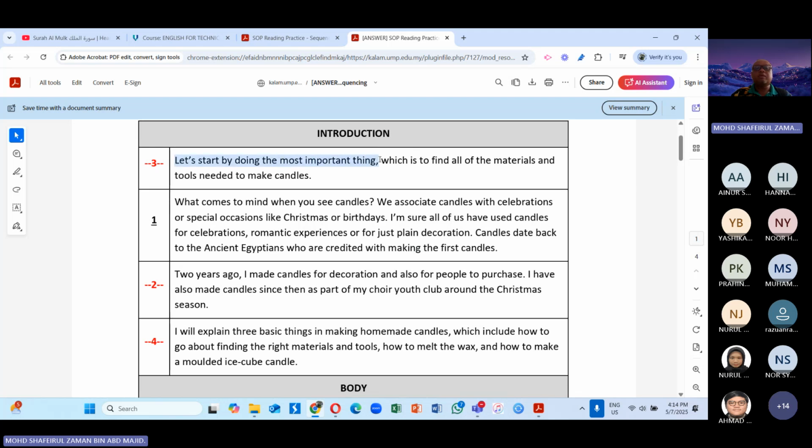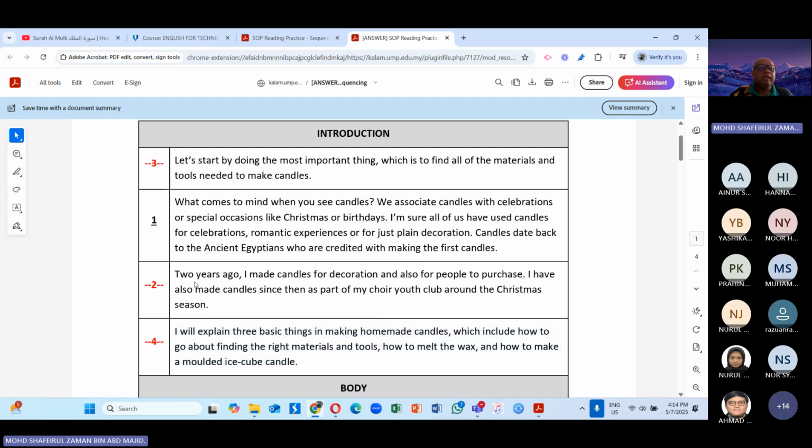Let's start by doing the most important thing, which is to find all the materials and tools needed to make candles. Is it the one? No. Keep it first. Number 4, I will explain 3 basic things in making homemade candles, which include how to go about finding the right materials and so on. So basically over here, you can see that it tells about how to make candle.